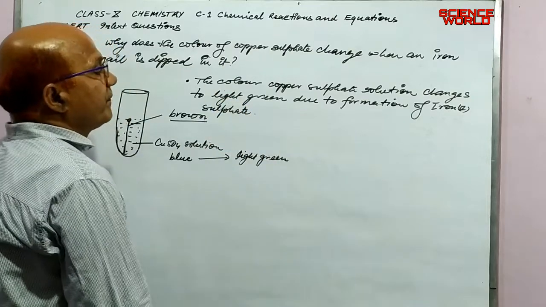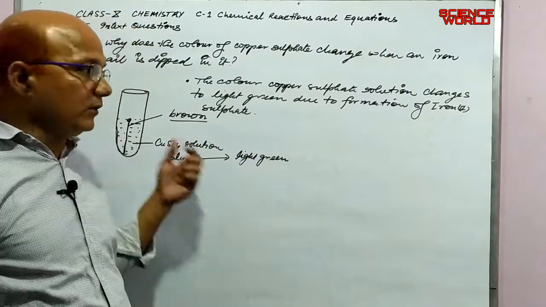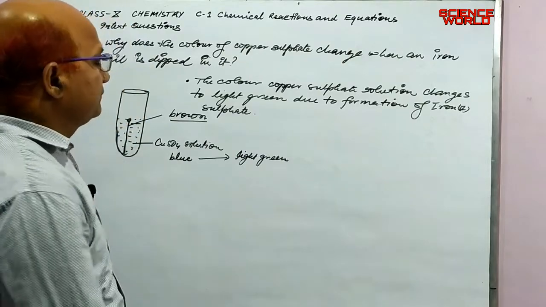Okay. And copper is deposited on the iron nail, that is why it becomes brownish in color.